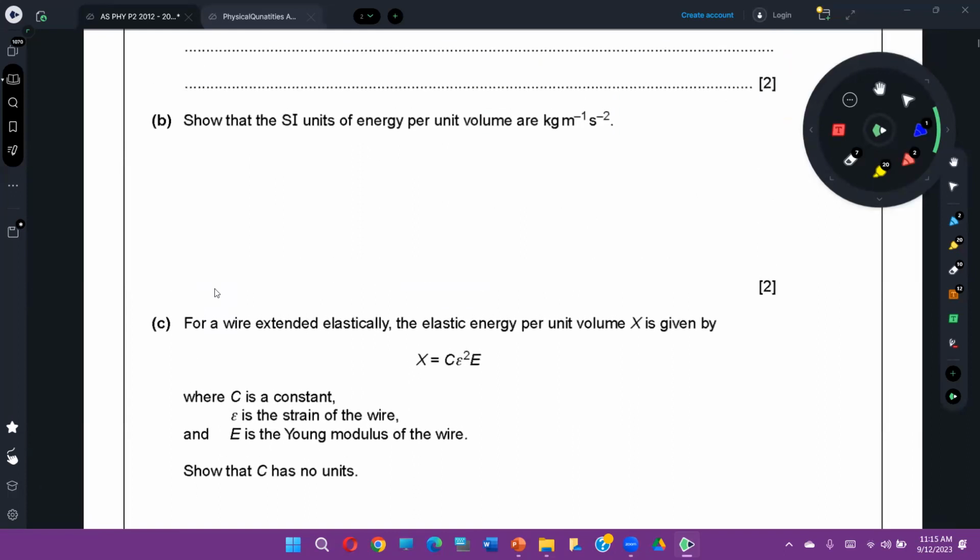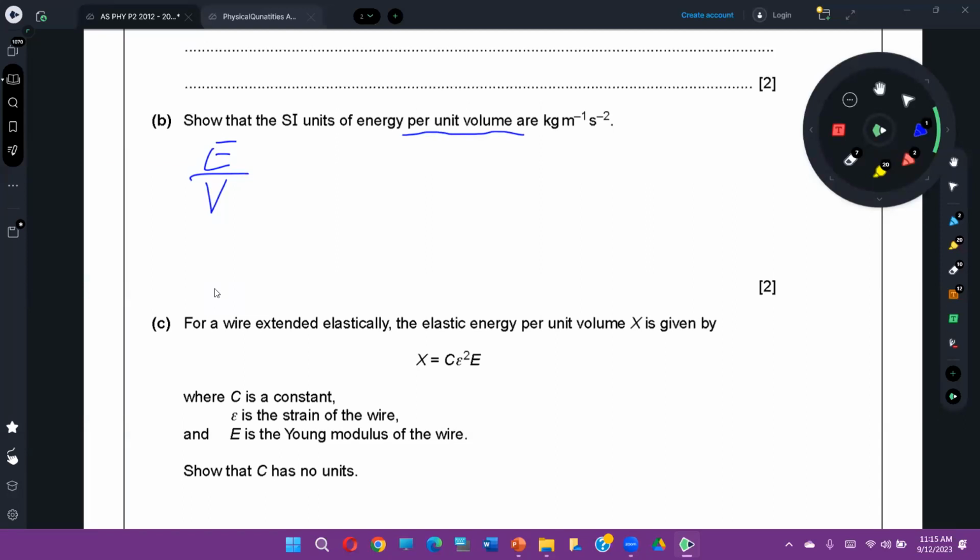I go for part number B. Show that the SI unit of energy per unit volume is this. Read the question. Energy per unit volume. So you have to be careful about this. So I make the formula from his wording. I'm writing E upon V. How did I get this E upon V?